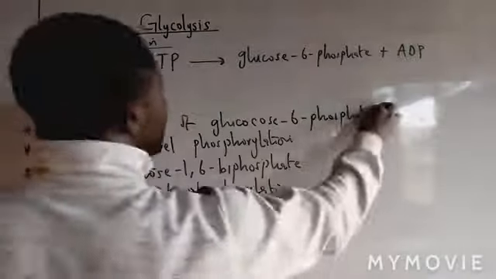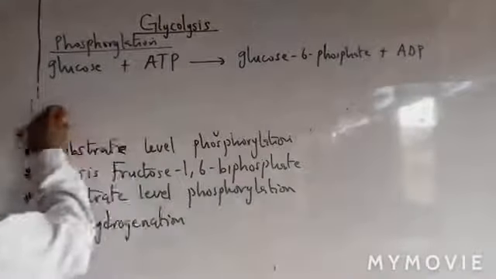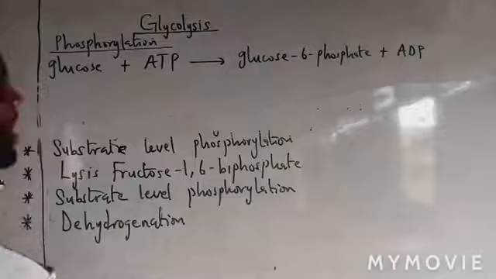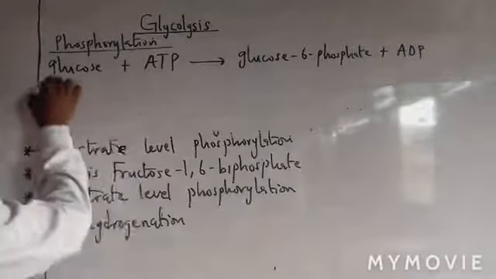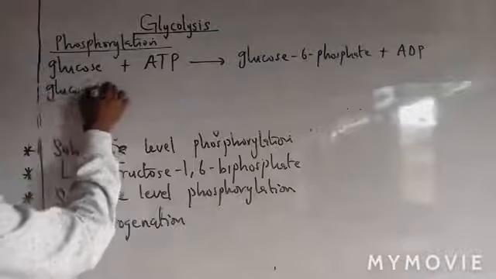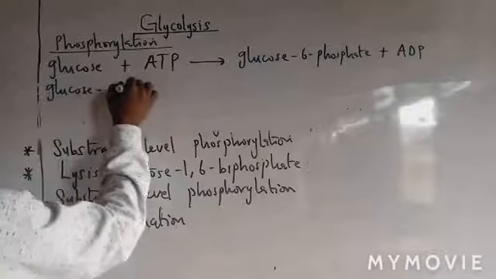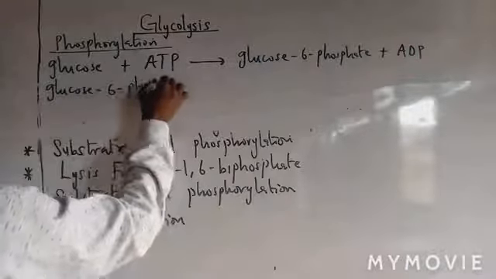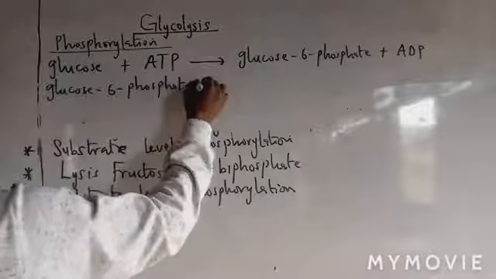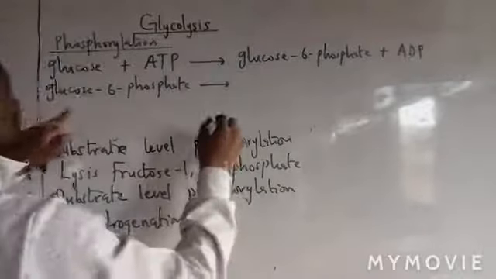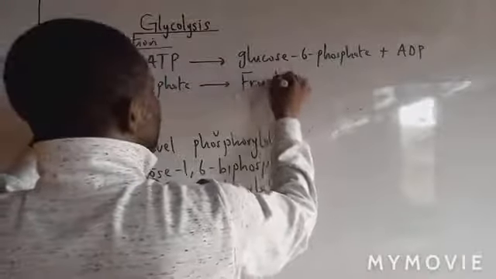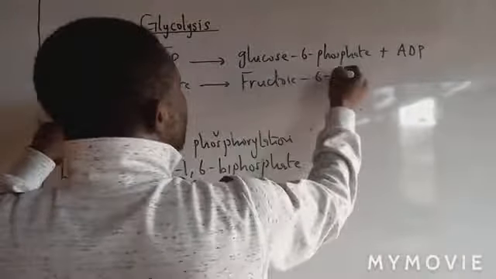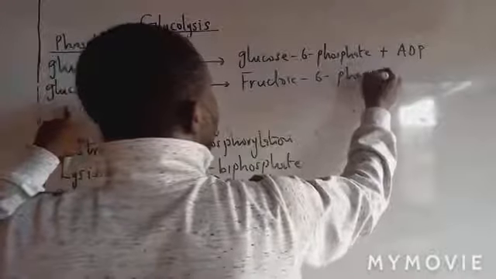Now, what then happens after that is the rearrangement. Glucose 6 phosphates is rearranged to give us fructose 6 phosphates.